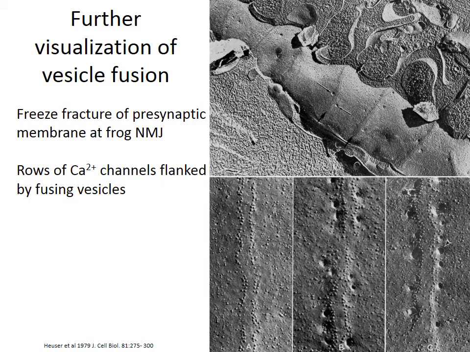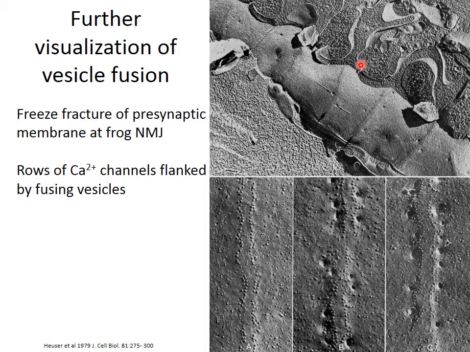Heuser and Rees, besides doing transmission electron microscope images, gave us this freeze fracture technique where they take the neuromuscular junction after it's frozen and they basically crack it so that you can split the two leaflets of the plasma membrane. And this is actually an image looking up into the presynaptic membrane from the leaflet that's closest to the cytosol, and we're looking at that leaflet.